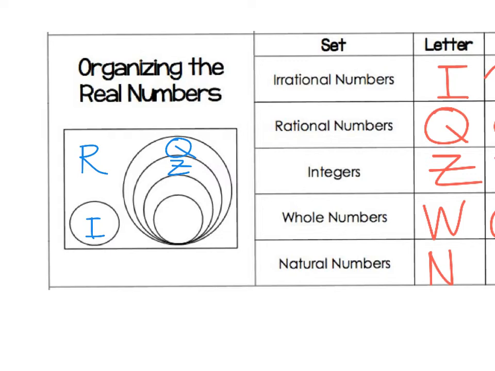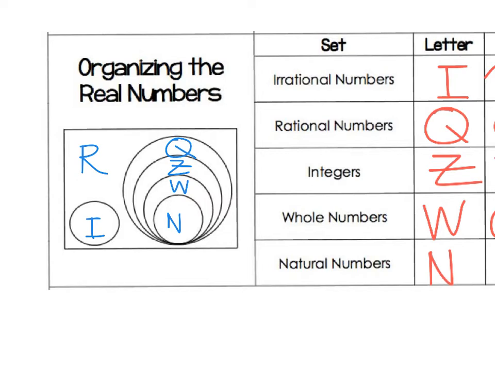Then we can put whole numbers in the next little circle because they're also rational numbers and integers and real numbers. And then last but not least, we've got natural numbers on the inside because a natural number is also a whole number, is also an integer, is also a rational number, and is also a real number.